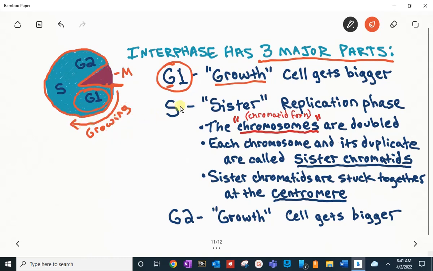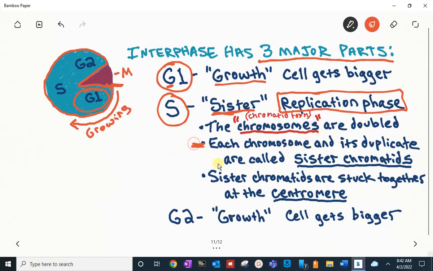And then after that, you have the S phase. And to remember S phase, think sister. And this is the replication phase, actually. The technical name of it is the replication phase. But the reason why it's S for sister is because that's when the chromosomes in their chromatid form are doubled.